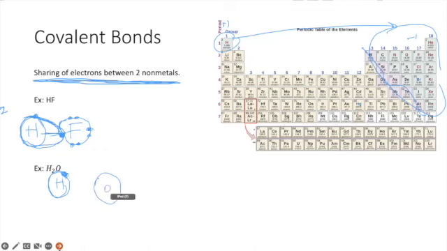Oxygen, which has a -2 charge, meaning he's 2 away from a full octet, has 6. And we already know another hydrogen is going to come into play here. So 1 hydrogen, basically, he could hang out here. Oops, let me draw this better.